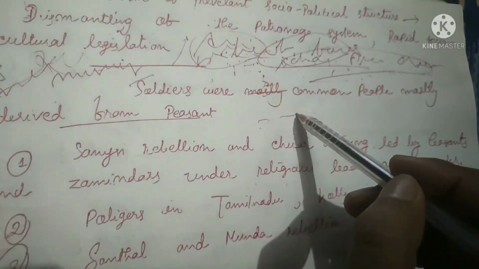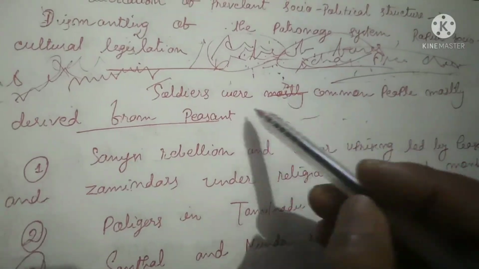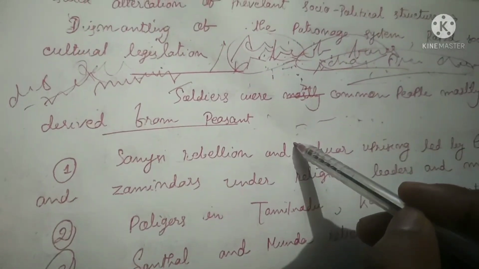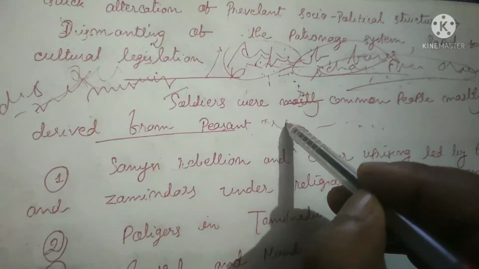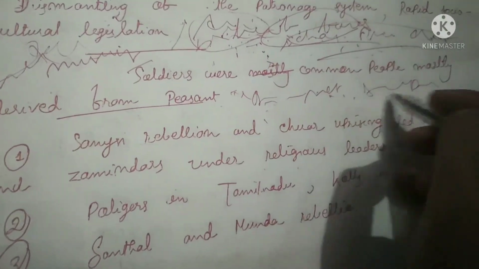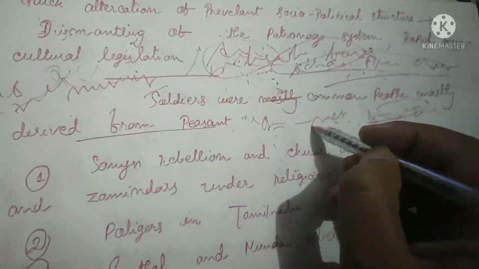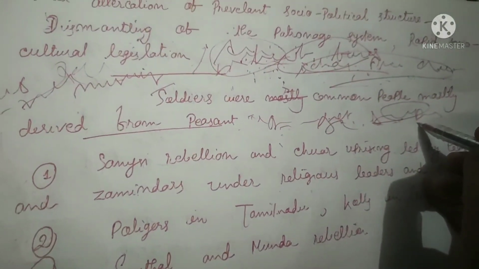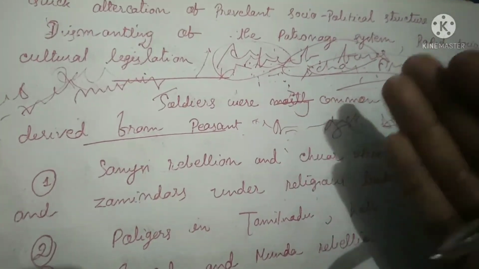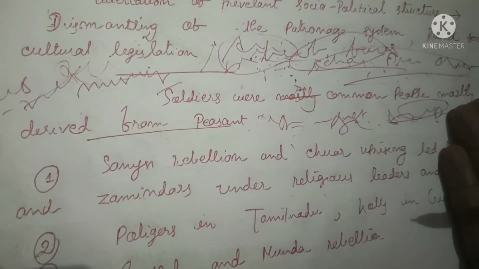And one important aspect to remember here is that soldiers were common people mostly derived from the peasants. Soldiers at this time were not a separate class of officials with separate ideological perspectives. No, they were not. They were mostly common people from the peasant section of the society.